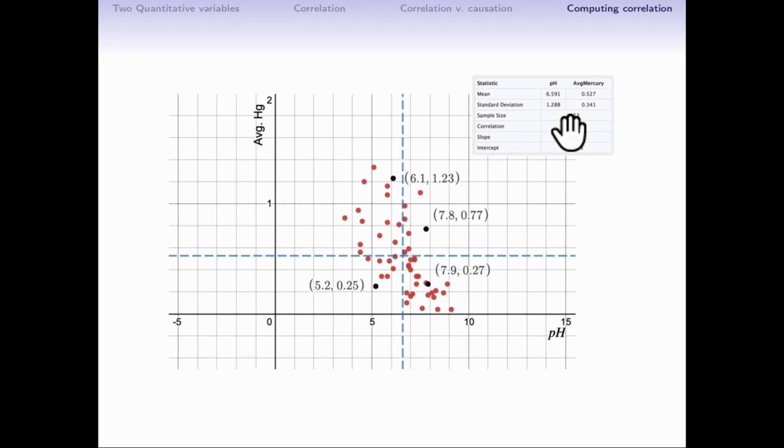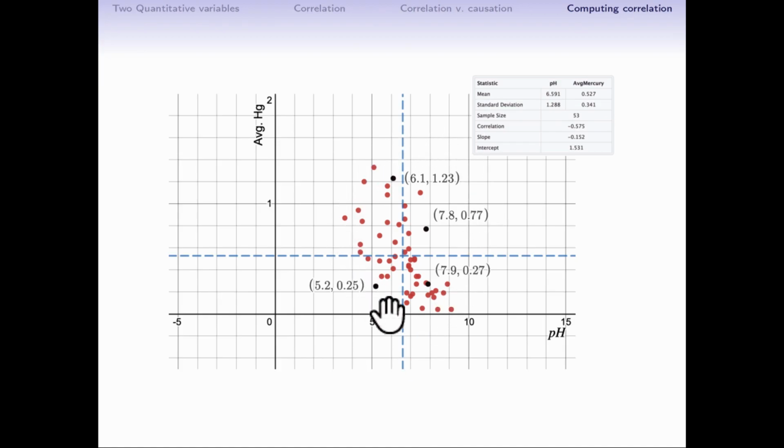I've put the summary statistics up here; the mean of the pH data is 6.591. So I drew a vertical line through that mean pH level of 6.591.